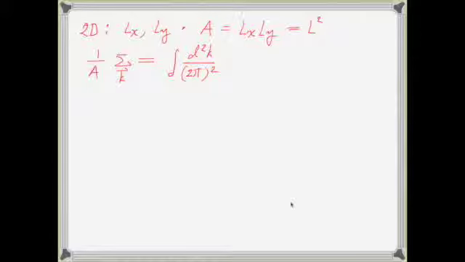And in 3D, going through the same steps, you'd have 1 over volume, sum over a 3-dimensional k, which will become the integral d cubed k over 2 pi quantity cubed.